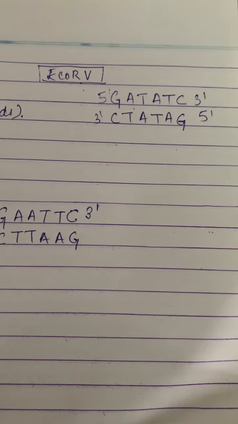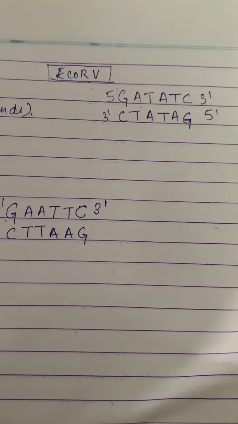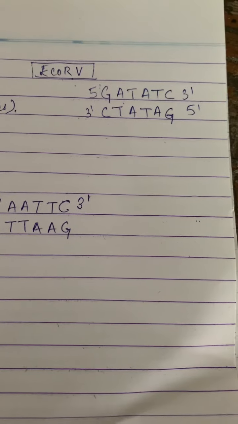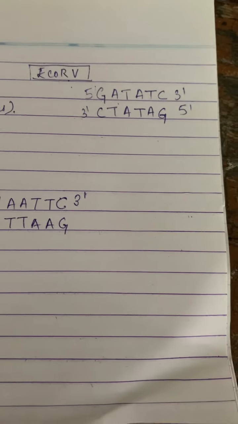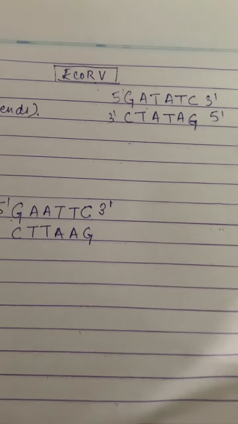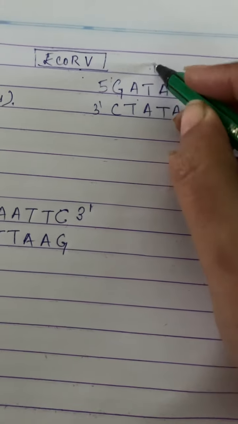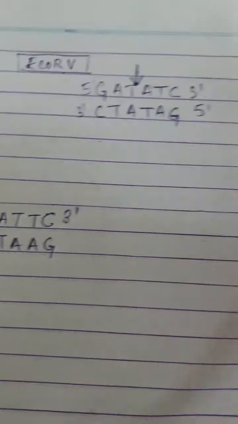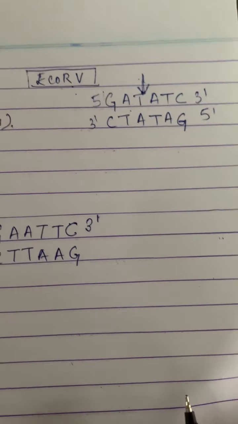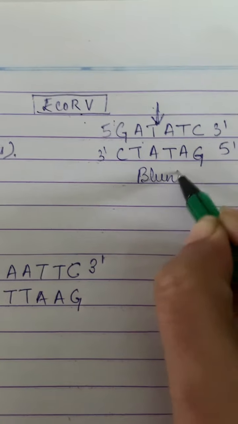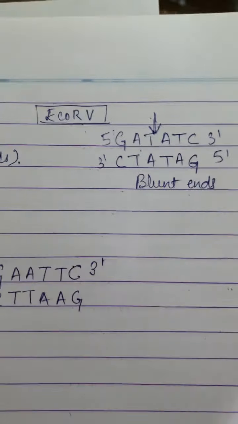Now what I mean to say is that these restriction endonucleases make 2 types of cuts. Case 1: it makes the cut from the center. If it makes the cut from the center or the middle, that means it will give rise to blunt ends.